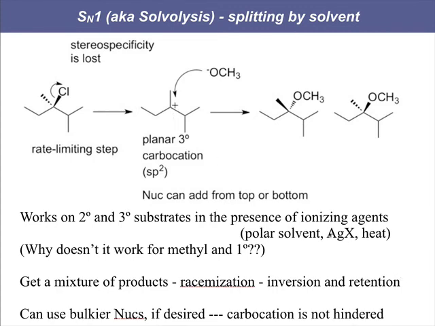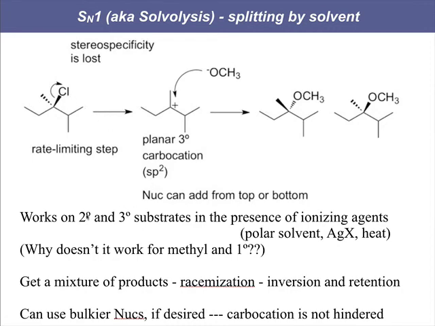We can also use silver halide, so AgCl or AgBr. Silver is an ionizing agent, and it really is good at stabilizing ions. Also, heat will do this. Just simply adding heat helps us get over the energy of activation that's required for this chlorine to leave.